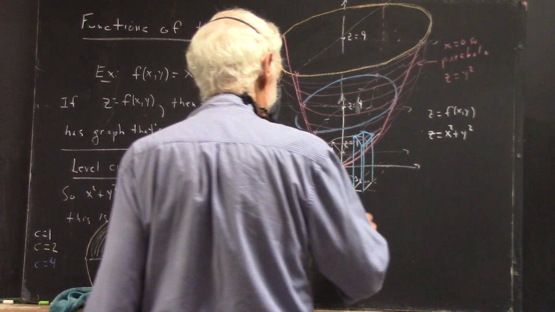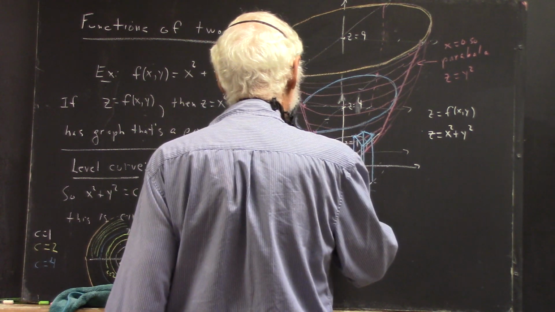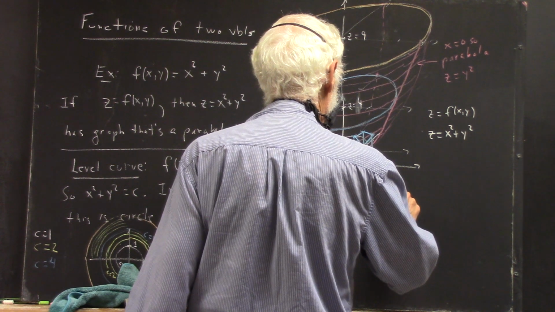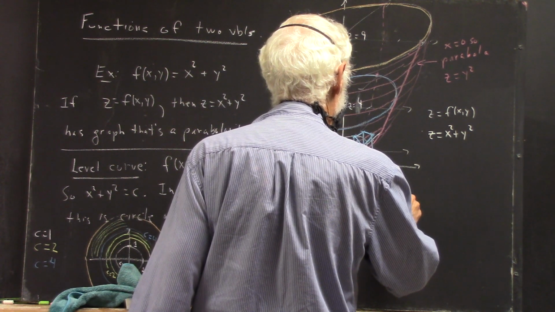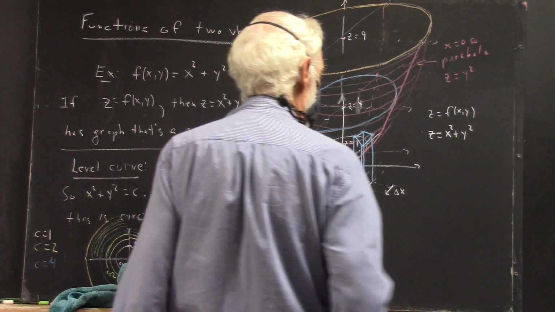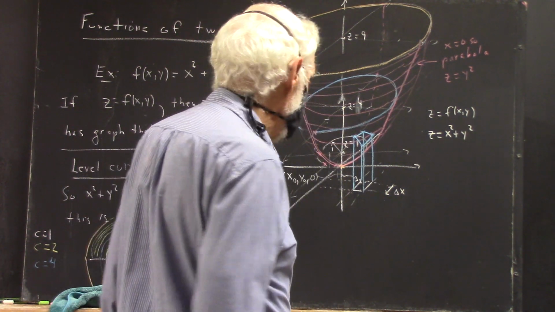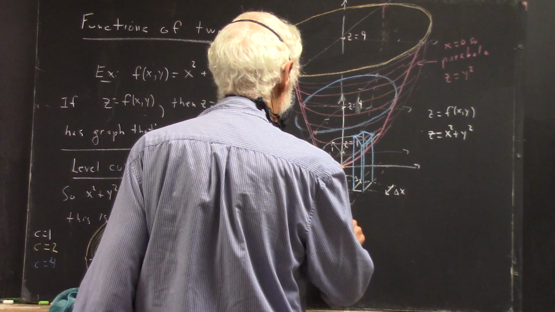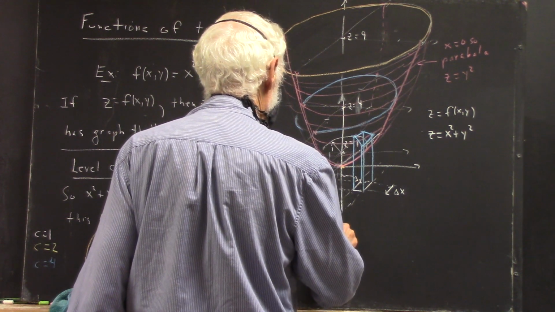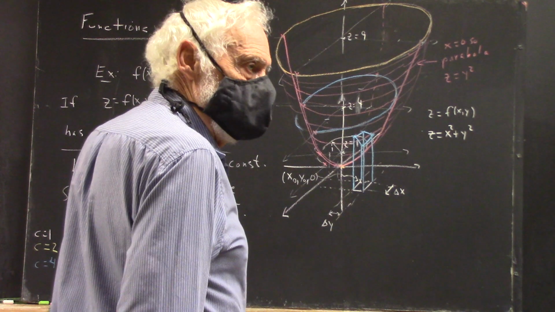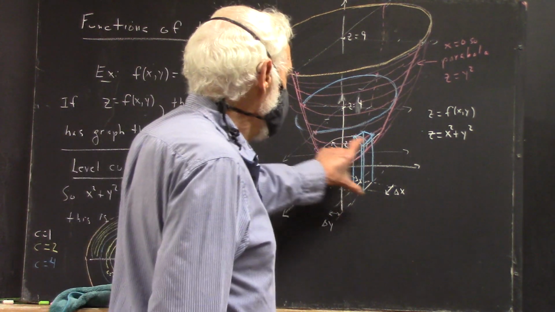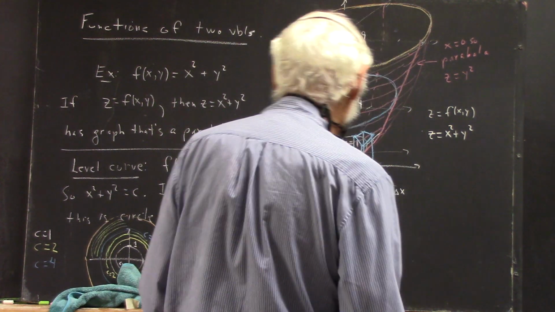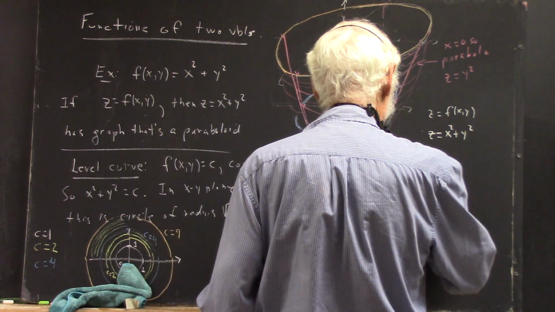Let's say that this distance here is delta x. And this distance here is delta y. Then I'm just going to bring this figure out here and draw it sort of similar to the way it's drawn.